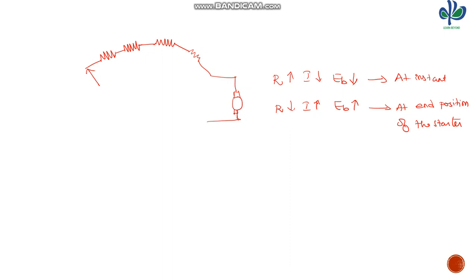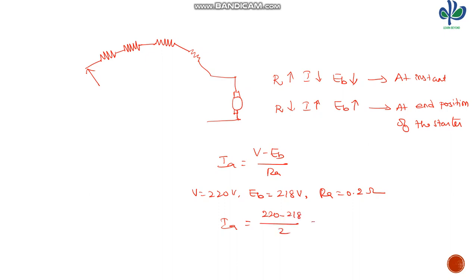So the equation becomes IA is equal to V minus EB divided by RA. The V is 220 volts, EB may be 218 volts, and RA is equal to 0.2 ohms. If we substitute, IA is equal to 220 minus 218 divided by 0.2, so we get 10 amps.